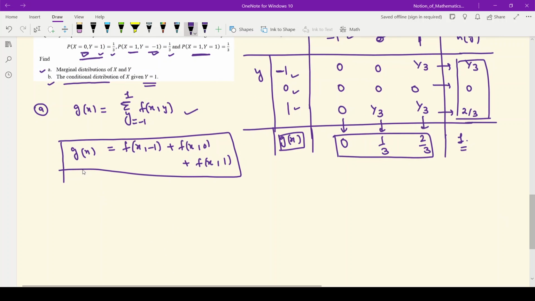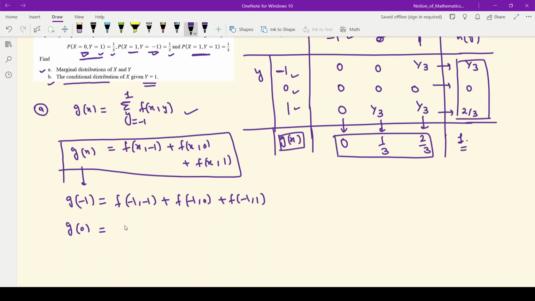And meanwhile we will be using this table as well. So if in this formula I use x equal to -1, it is f(-1, -1) plus f(-1, 0) plus f(-1, 1). If I use x equal to 0, it is f(0, -1) plus f(0, 0) plus f(0, 1).